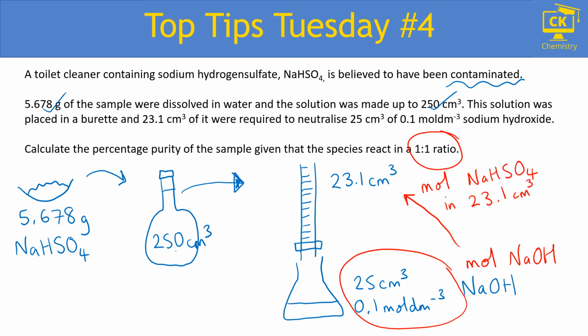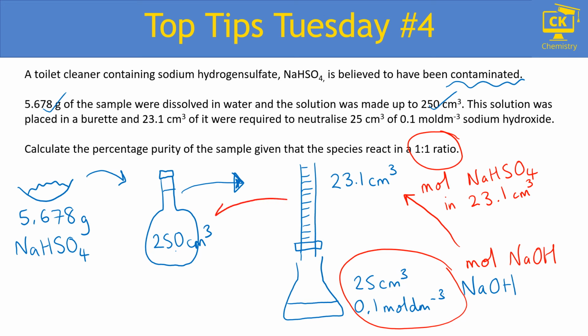So then I've got a tricky little step, because I know how many moles there are in 23.1, but I need to scale that up to how many moles there are in 250. Normally it's a nice easy scaling, like we take 25 out of a 250 centimetre cube flask and you just times it by 10. We can't just times this by 10 because it doesn't go in so evenly.